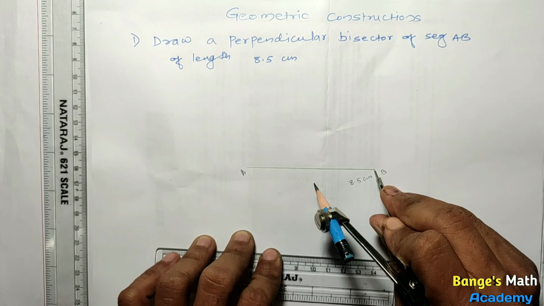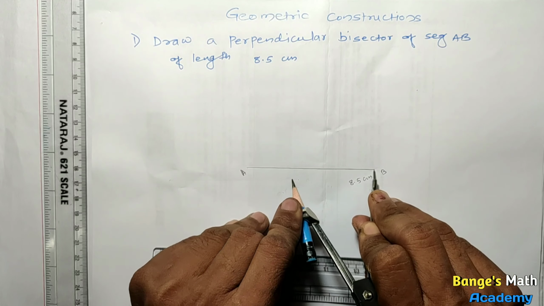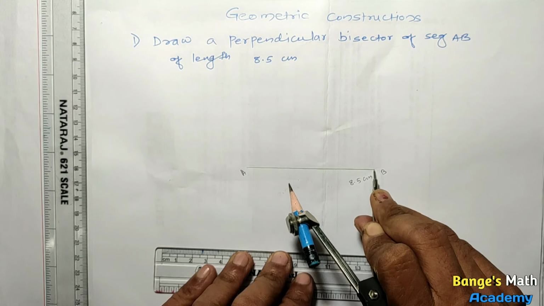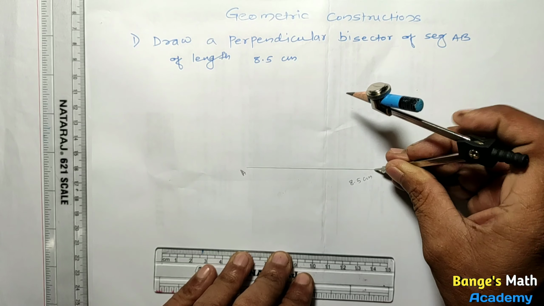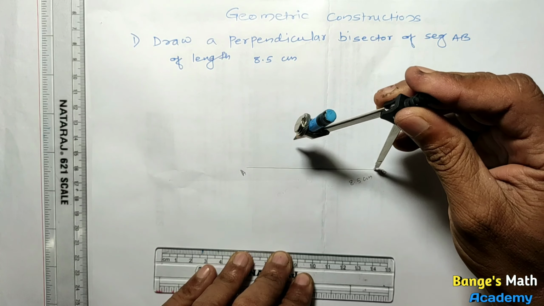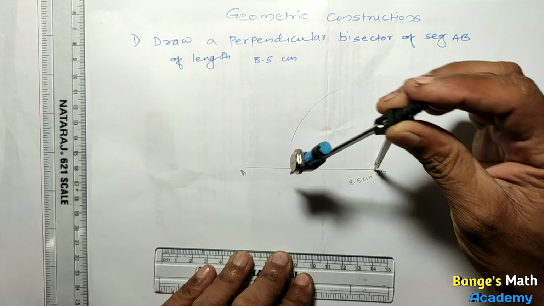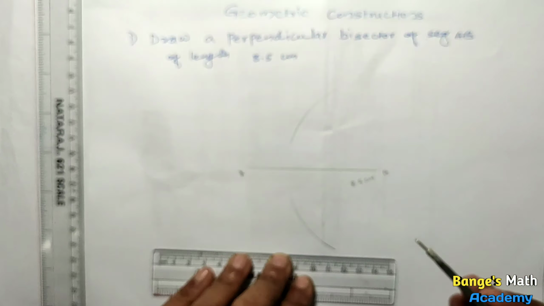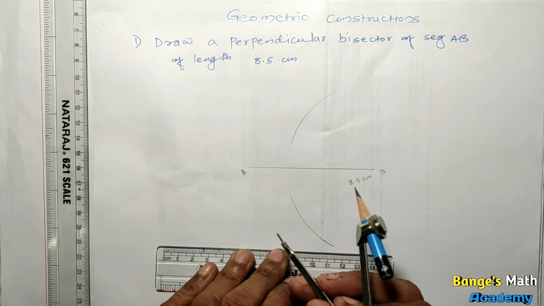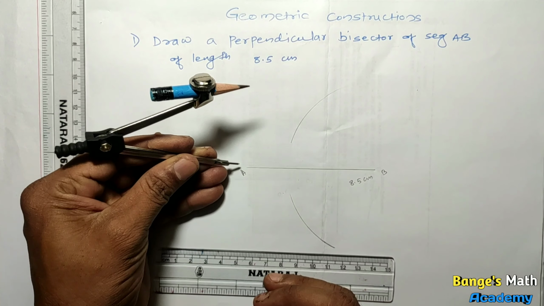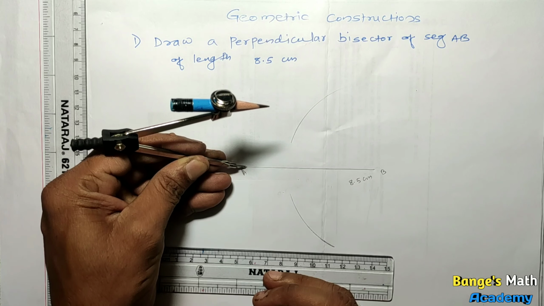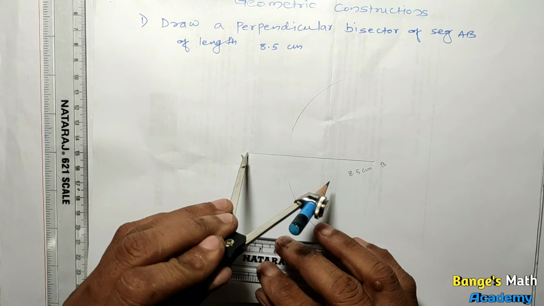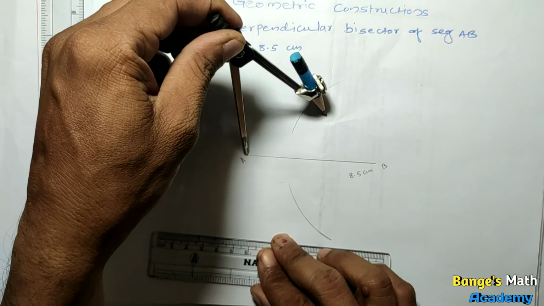In your compass, take a distance more than half of AB and put the still point on point B and draw arcs to the upper side and to the lower side. Keeping the distance the same, put the still point on point A and draw arcs intersecting the previous arcs.